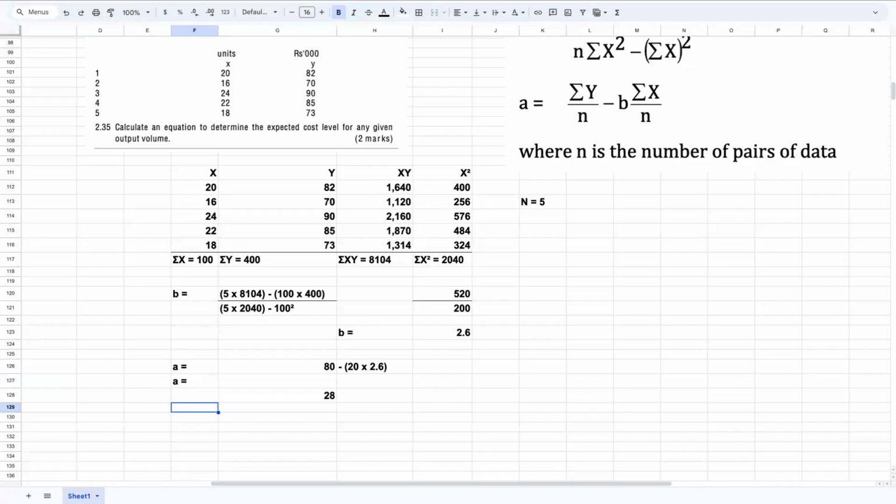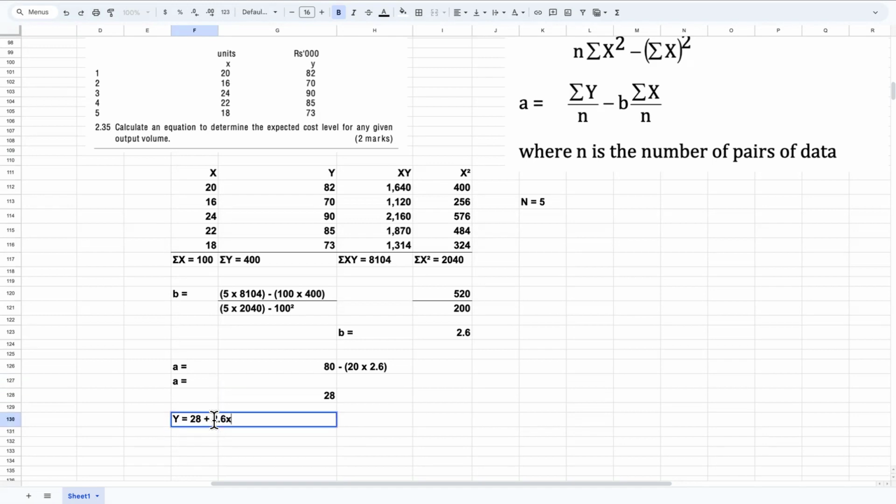Now we know the a value, we know the b value, and y and x are variables. So we can say the formula y is equal to a plus bx. We can replace a with 28 and b is 2.6, with the x value.